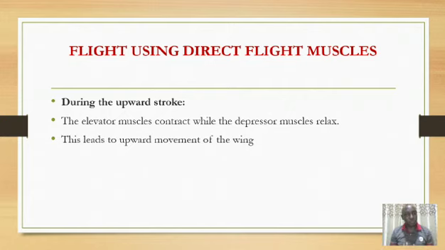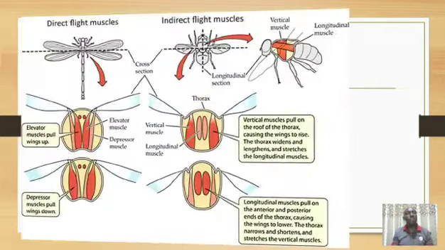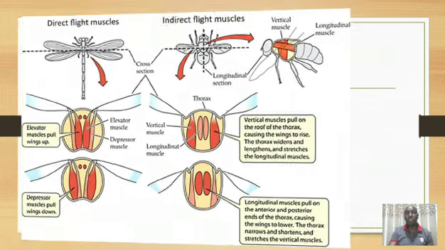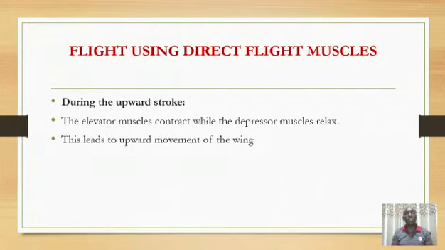Therefore, during upstroke, the elevator muscles contract, while the depressor muscles relax. This causes the wings to move upwards. As simple as that.